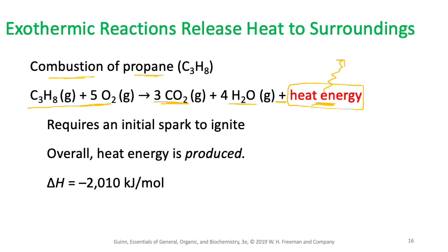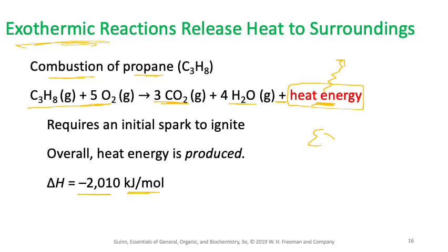So that means it's an exothermic reaction, right? And if we calculate how much energy is getting released, or the difference between the reactant energy and the product energy, that difference is the amount of energy released into the environment. Experimentally it comes out to be negative 2010 kilojoules per mole.